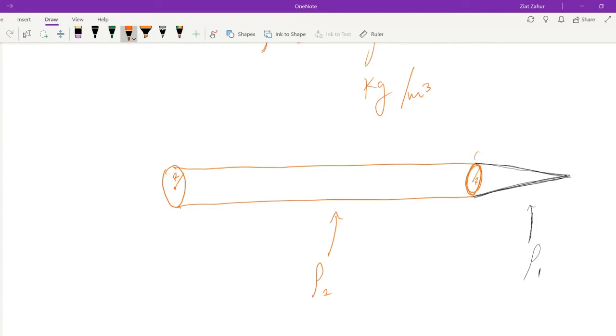And the cone has some sort of height, lowercase h. This has a length, a height of capital H. All right, chat. Find the center of mass for this system. If you have the answer, please write the answer in the comments below.